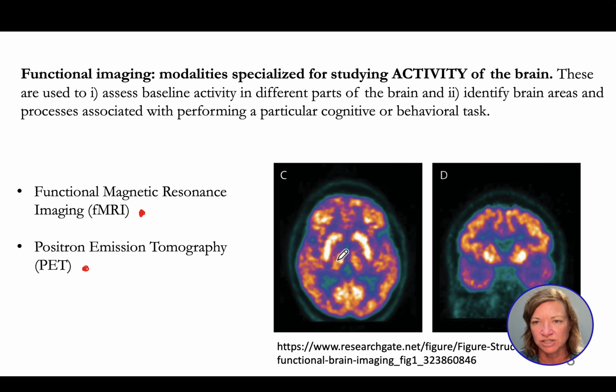This is an axial and a coronal PET image. Now, in addition to these two, fMRI and PET, there are other important functional imaging modalities, and I would be remiss if I didn't mention EEG, electroencephalography, and MEG, magnetoencephalography. We'll talk a little bit about those as well.